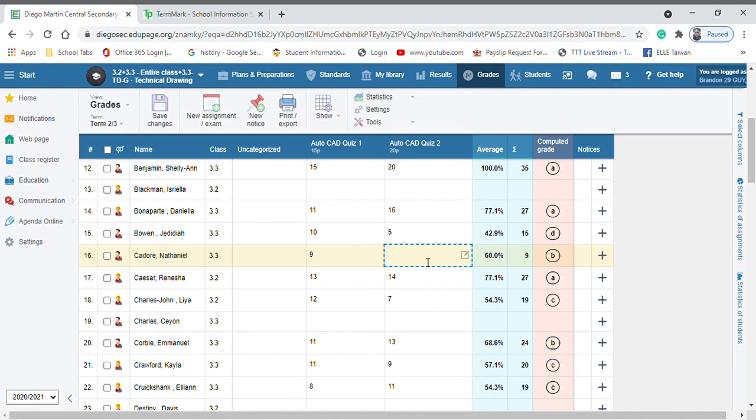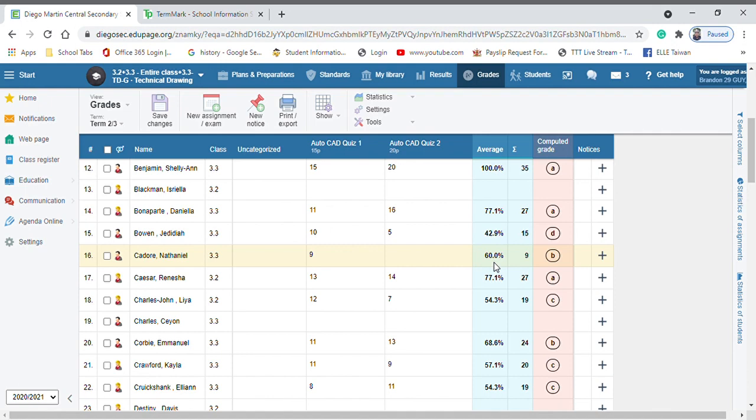In this case, what Edupage will do is only recognize one quiz for this particular student. So this is going to say 9 over 15 multiplied by 100, which will give you this percent here, which is 60%.